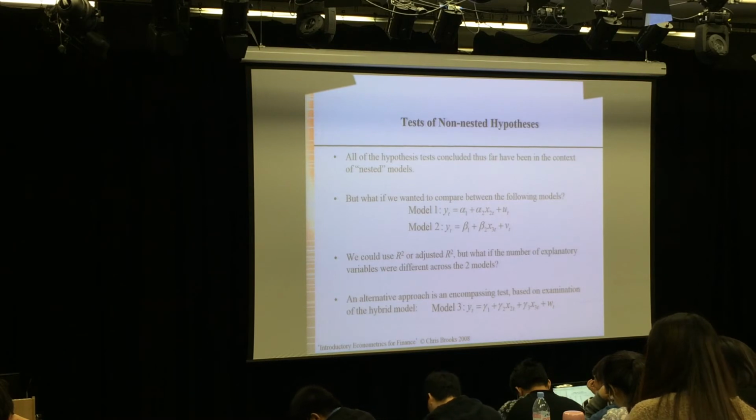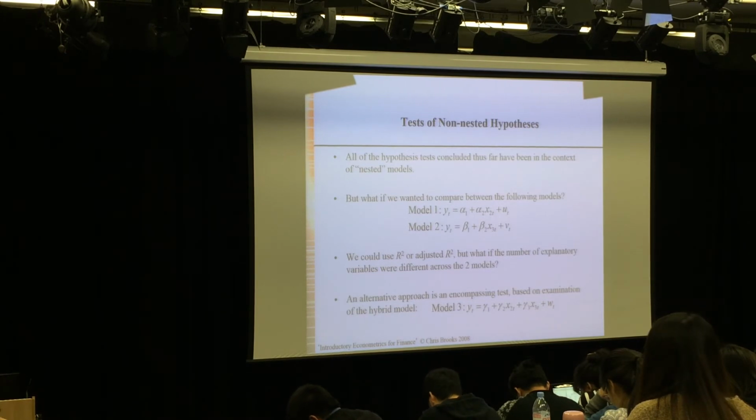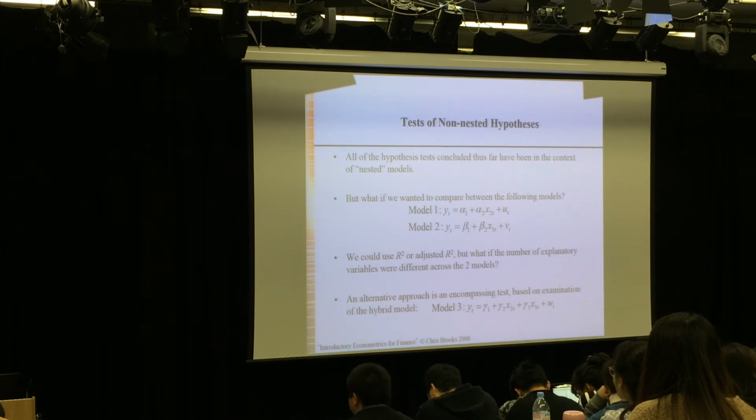Okay, so if you want to compare between two different models, this is what we're doing in the labs. You've got two different concepts. One is a nested model and one is a non-nested model.